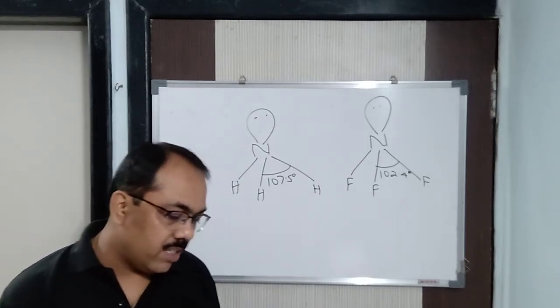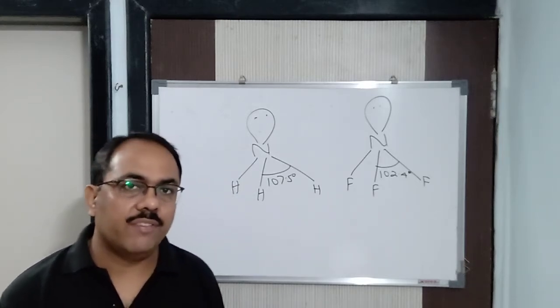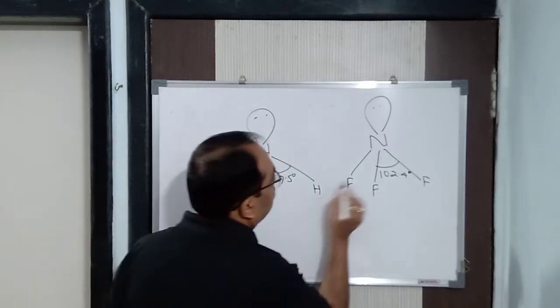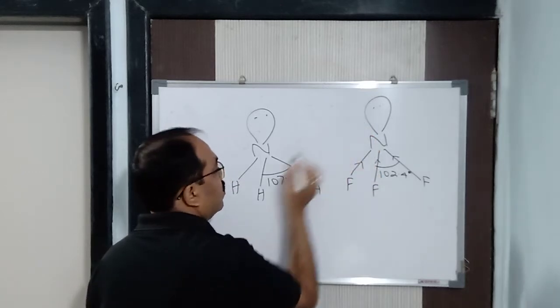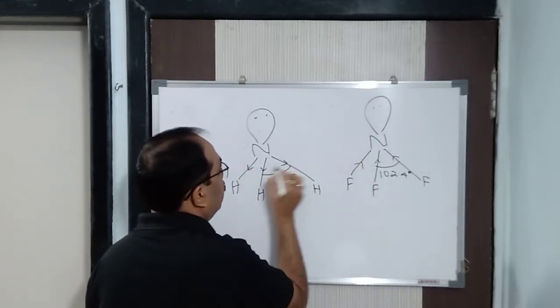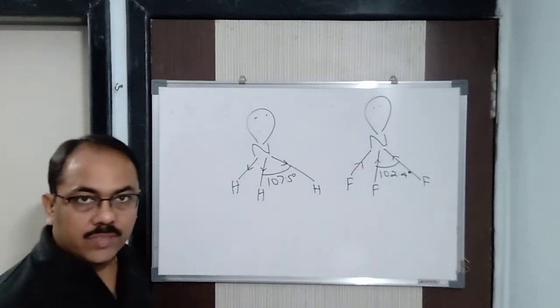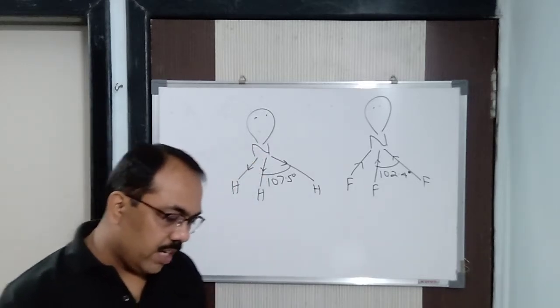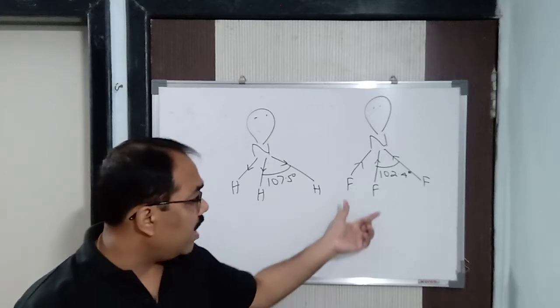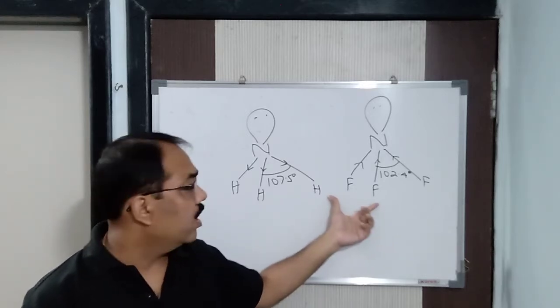So the electron pair is attracted more towards F in NF3. Here the dipole moment is from nitrogen to fluorine, and in NH3 it is from hydrogen to nitrogen. So the electron pair is attracted towards F as fluorine has more electronegativity than hydrogen.